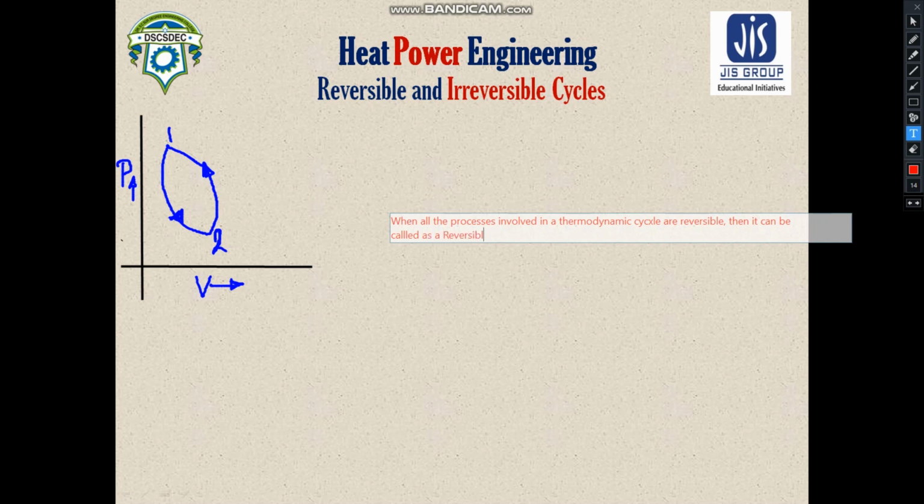If any one process becomes irreversible, then it would be an irreversible cycle. So all the processes should be reversible. Okay, so reversible cycle.